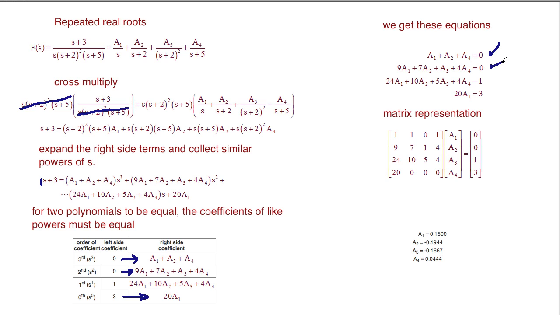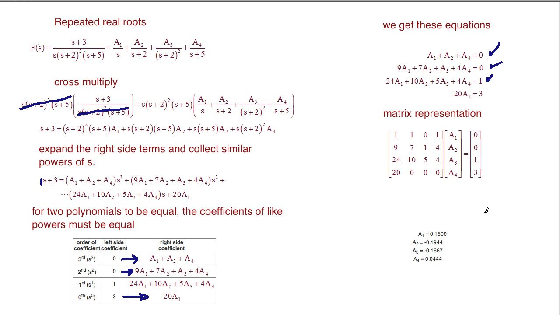That's what this equation says. This one right here says 24 times A1 plus 10 times A2 plus 5 times A3 plus 4 times A4, and that is all equal to 1. That's this equation, and then finally we get this last equation.